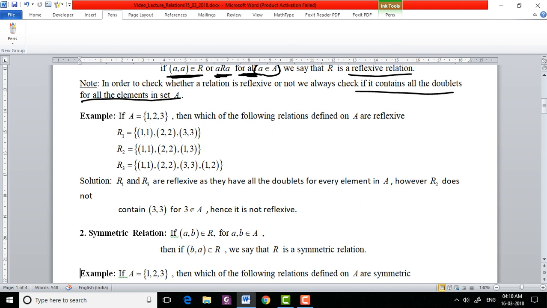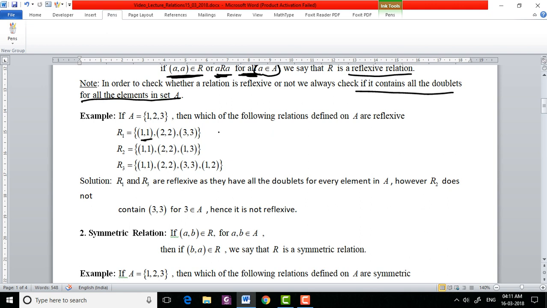Relation R1 is defined, which contains elements (1, 1), (2, 2) and (3, 3). Let us check whether R1 is reflexive. The definition says that (a, a) belongs to R for every a belonging to the set A. In this case set A contains 3 elements 1, 2 and 3 and all the 3 doublets are present in R1.